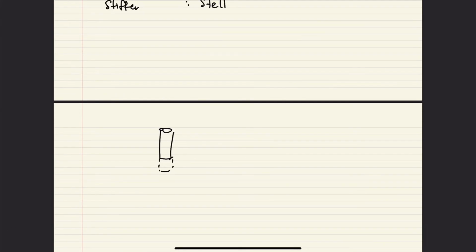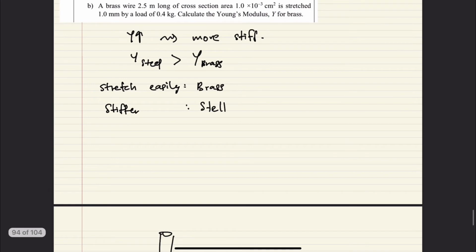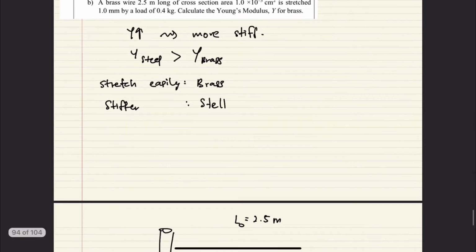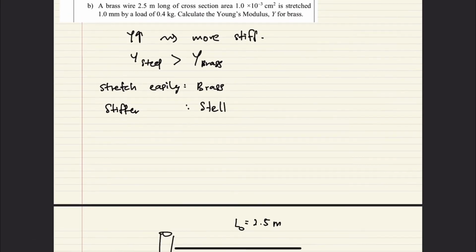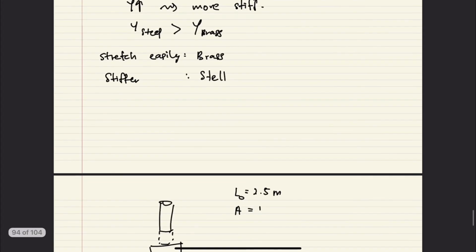So imagine that down here you have a weight that makes it stretch. Okay, so the length is 2.5. That one would be your L naught, 2.5 meter. And then cross sectional area A, they give you the A, so 1 times 10 to the negative 3.